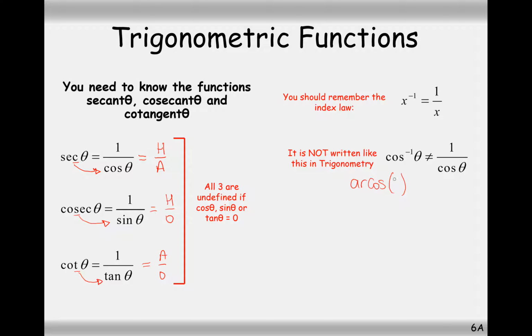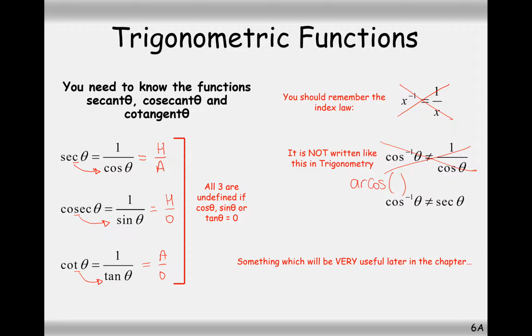This is finding the angle given that you've got a ratio between an adjacent and the hypotenuse side, but it is not equal to 1 over cos. We don't use the power of minus 1 notation for 1 over in trigonometry, so you can just forget all about that. Generally don't put a minus 1 if you're representing 1 over cos; just write 1 over cos, or you can write sec instead.